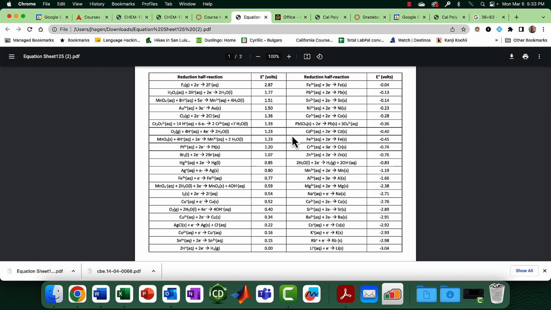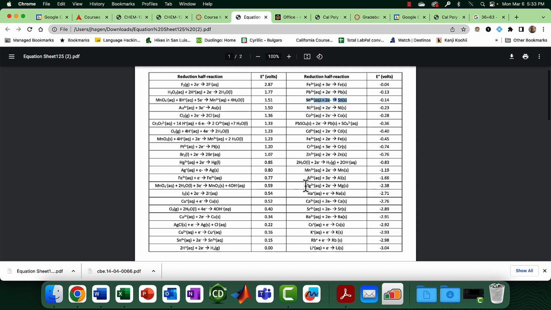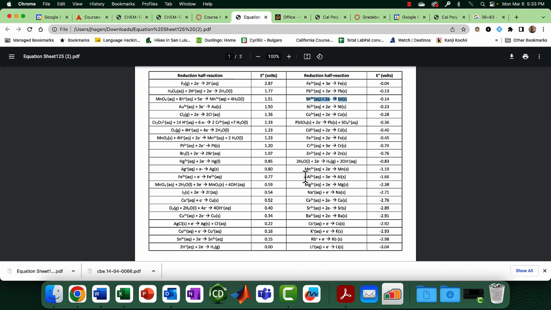Now, if we look at our tin reduction potential, we can see it's over here. So we want some number that's more negative than that. And if we look, what's below tin? We've got nickel, we've got chromium, zinc, aluminum, magnesium. So let's see if any of those are possible answers.